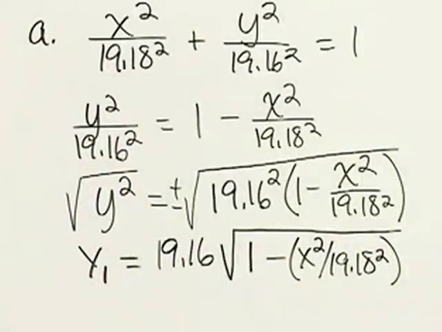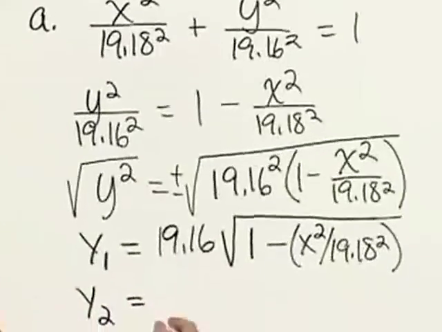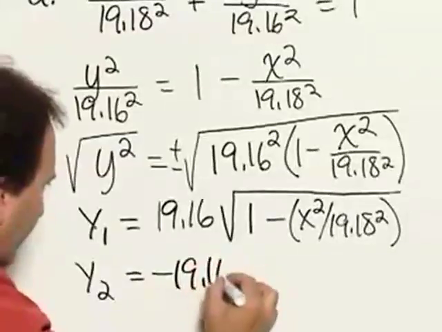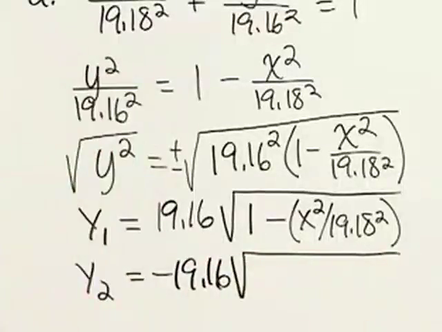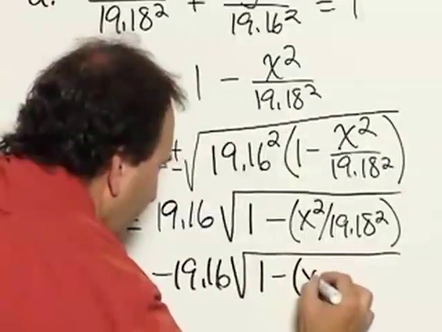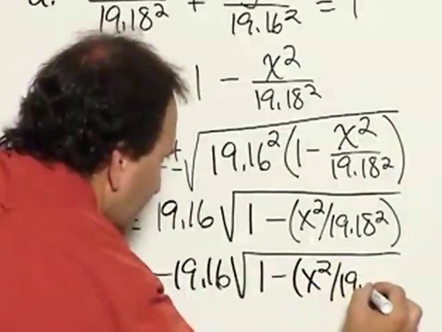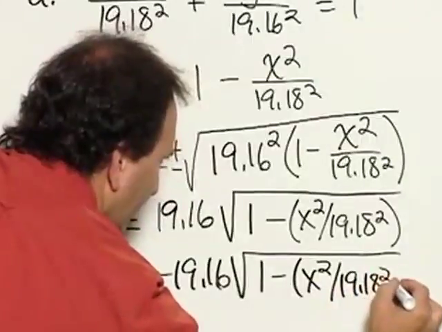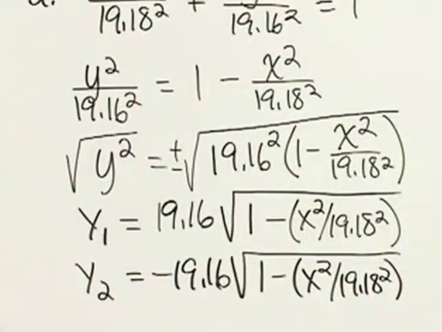That's just to make sure that we're accurate when we enter it into the calculator. Now, y sub 2 will be that equation with a negative sign in front of it. So, negative 19.16 times the square root of 1 minus parentheses x squared divided by 19.18 squared.